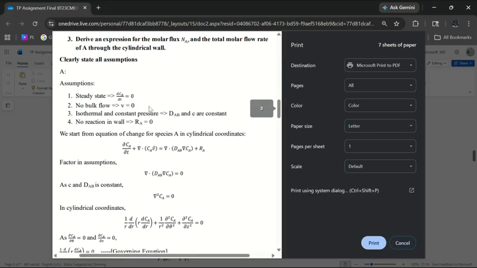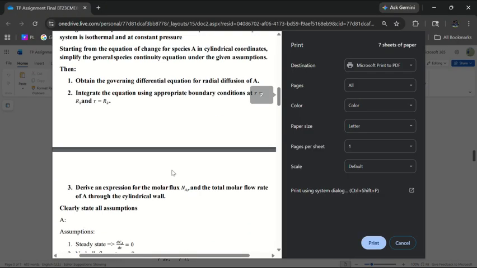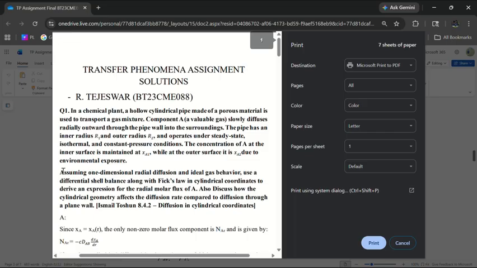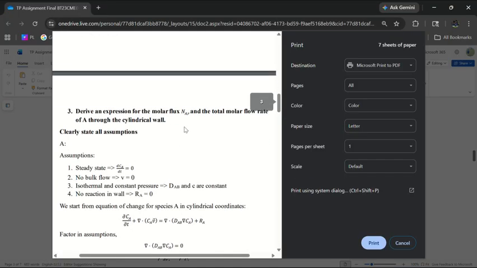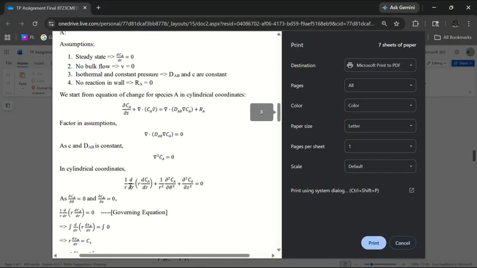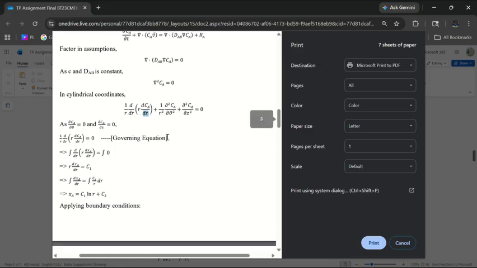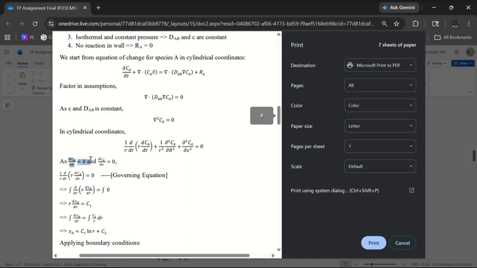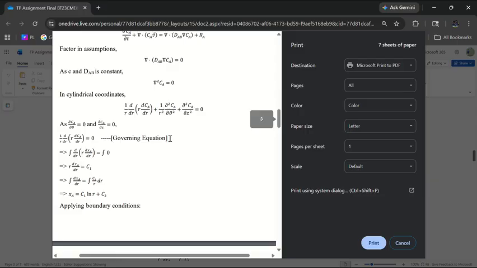But as we have stated in the assumptions, we assumed one-dimensional radial diffusion only, which means the mass transfer happens only with respect to R and there is no mass transfer in the theta or Z directions. So both ∂CA/∂θ and ∂CA/∂Z become 0, and the final governing equation becomes 1 by R d/dr of R dCA/dr is equal to 0.